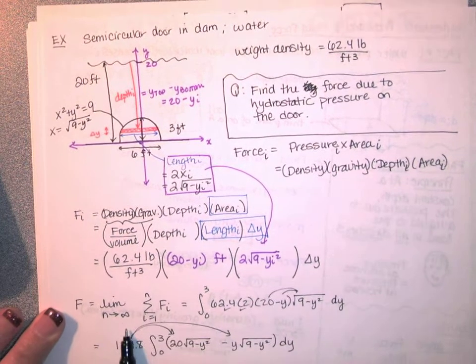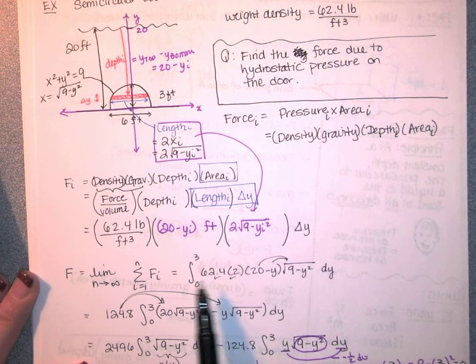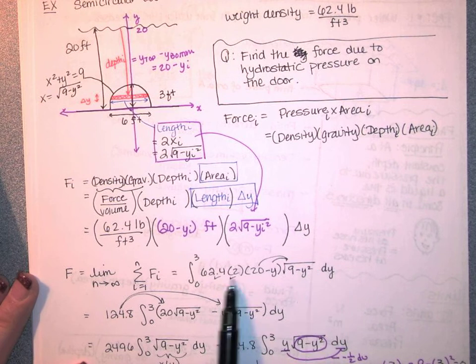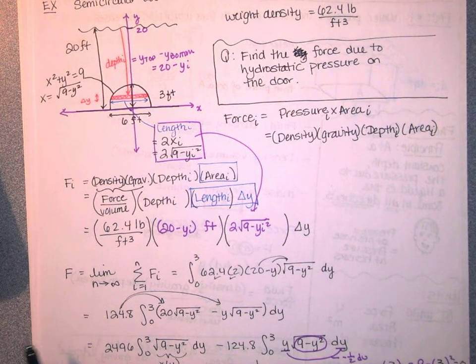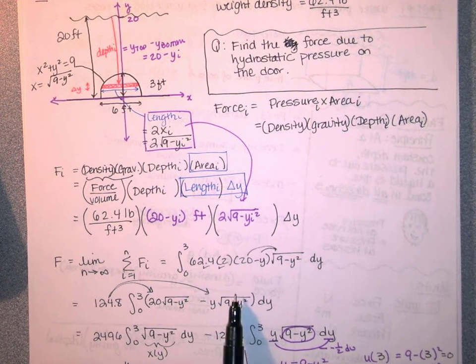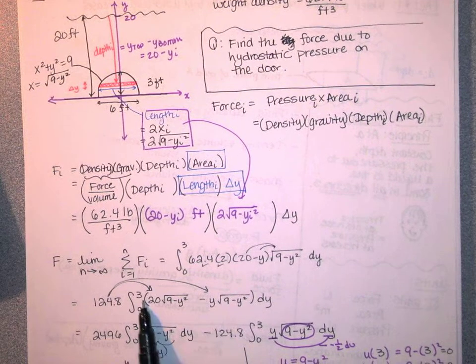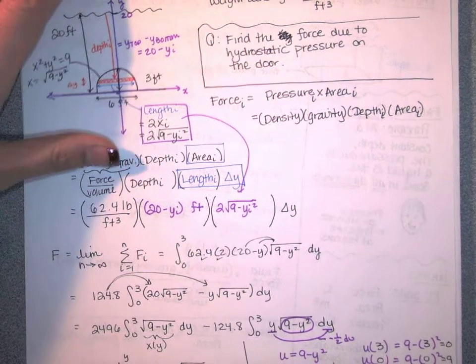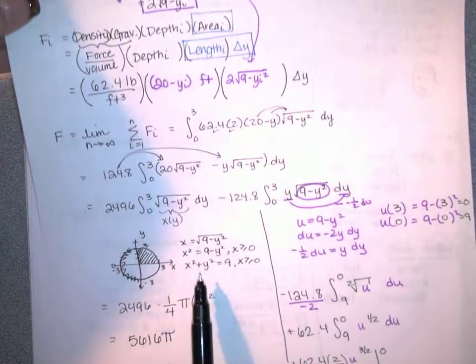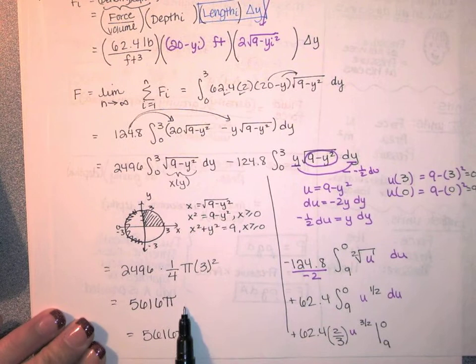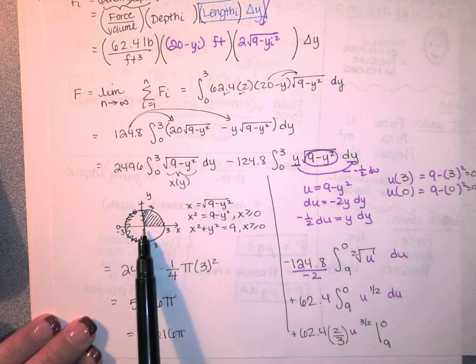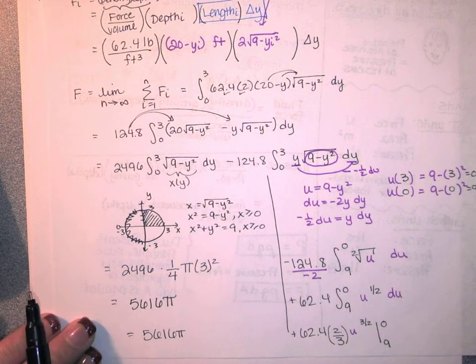Then the limit as the number of pieces goes to infinity of the sum of the forces gives us an integral, and then you evaluate the integral. This one would require trig sub, that's a u sub. If you do the trig sub, you're going to get the same area that we got, but this was actually much easier if you could think of it as area of a circular sector.